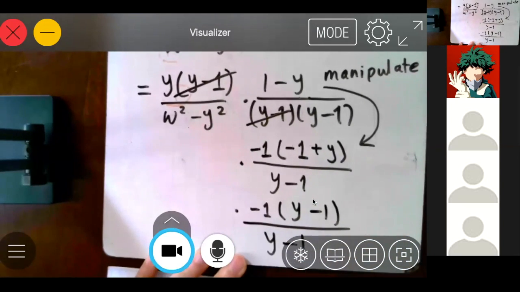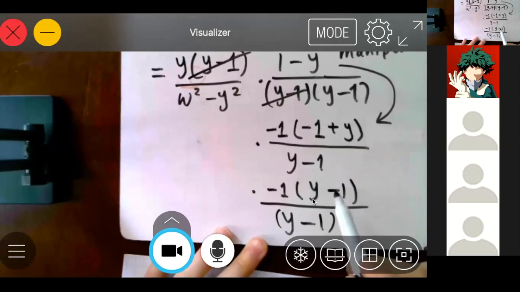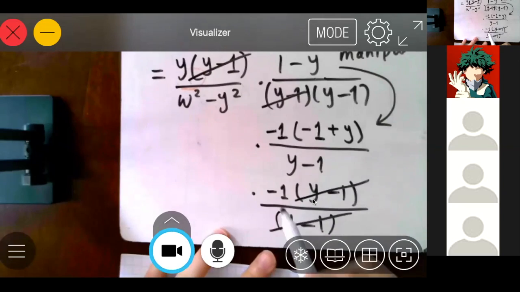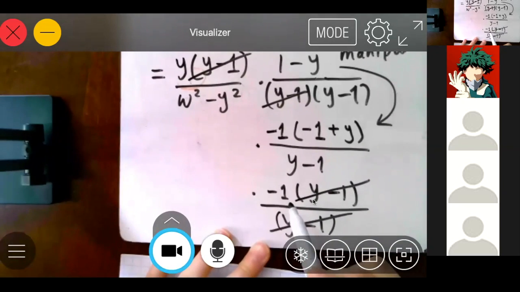Now you have the same terms on the top and bottom, and now you can simplify like this. And this is where the negative 1 appeared in your answer.